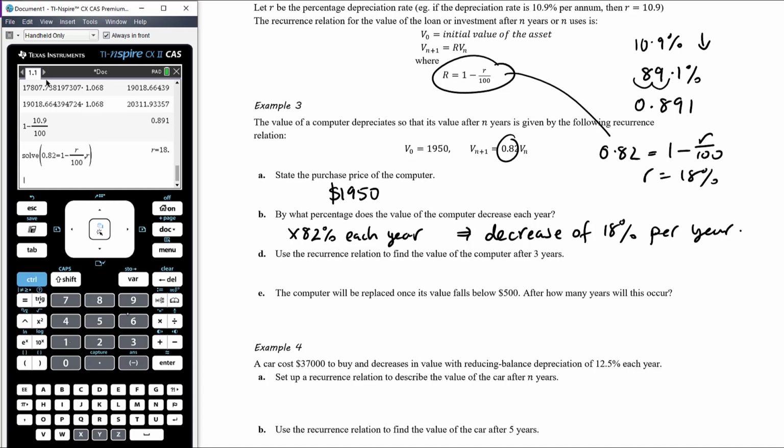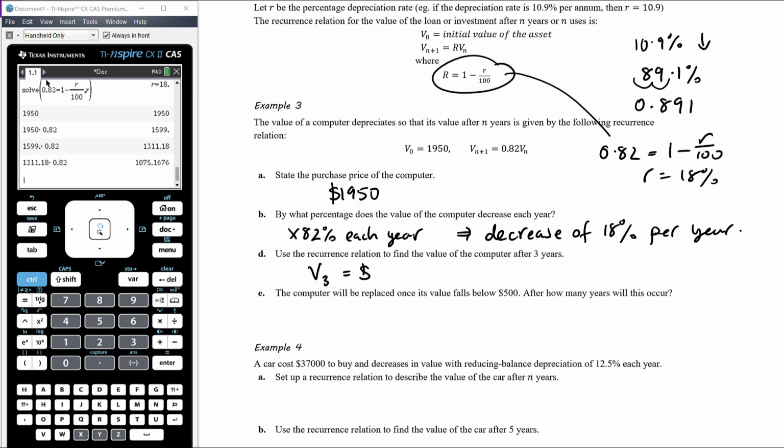Okay, so let's set up our recurrence relation here. So typing in our initial value, pressing enter, and then we're going to multiply by 0.82. So that's the value after 1 year, 2 years, 3 years. So the value after 3 years is $1,075.17. The computer will be replaced once its value falls below $500.